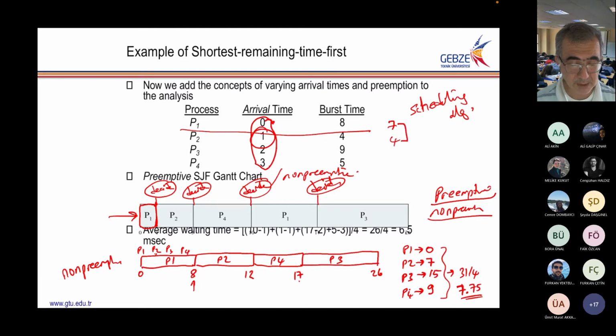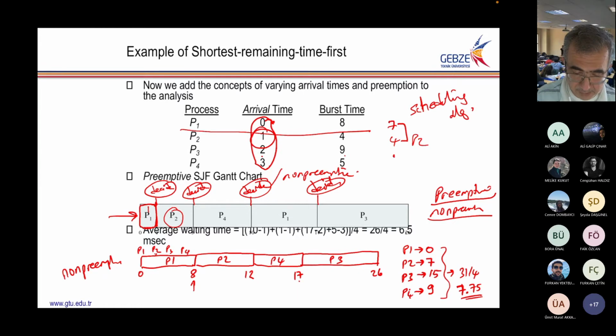So we compare 7 and 4, and we decide that P2 is shorter. So we execute P2. Some part of P1 is executed. How much? 1 duration. Then P2 is executed. At time 2, P3 comes.